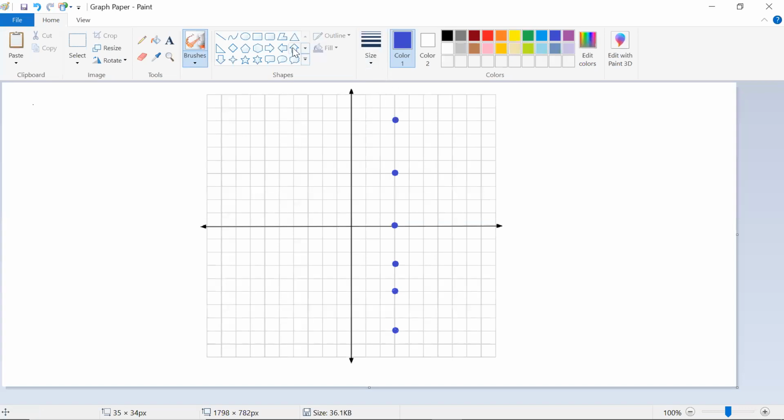We obviously get a vertical line. That pattern goes on forever.